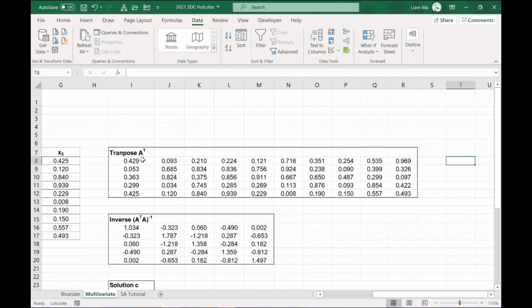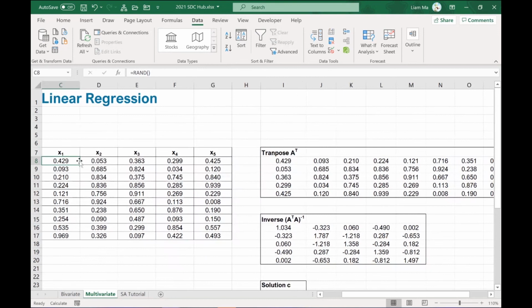So the transpose is a 90-degree rotation of this grid because you can see we have 0.429 here, 0.429 here. You have this value that goes down here. You have this value that goes down here. You have this one down here, and so on.